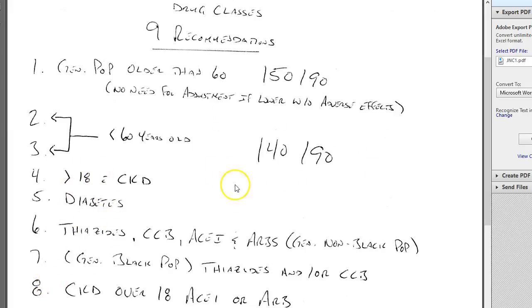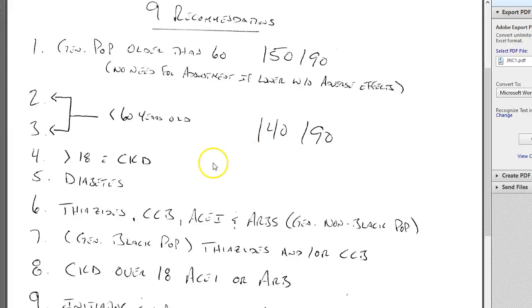So 140 over 90 is your threshold if we are less than 60 years old. If we are over the age of 18 with CKD, chronic kidney disease, and all diabetics. So that is the main focus of these. Under the age of 60, over 18 with chronic kidney disease, and patients with diabetes, 140 over 90.